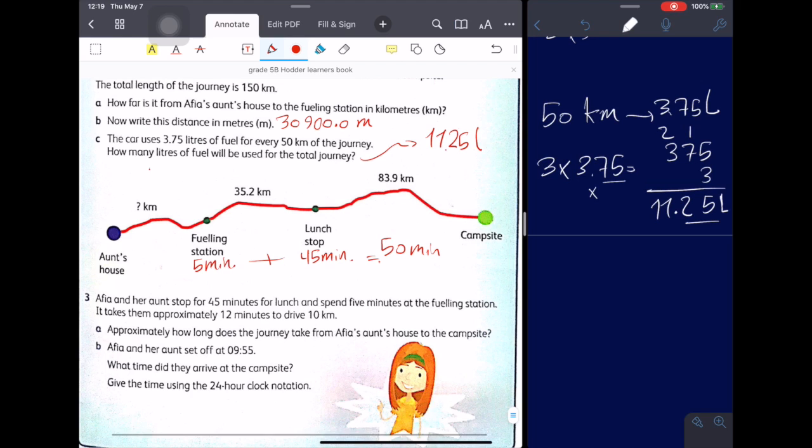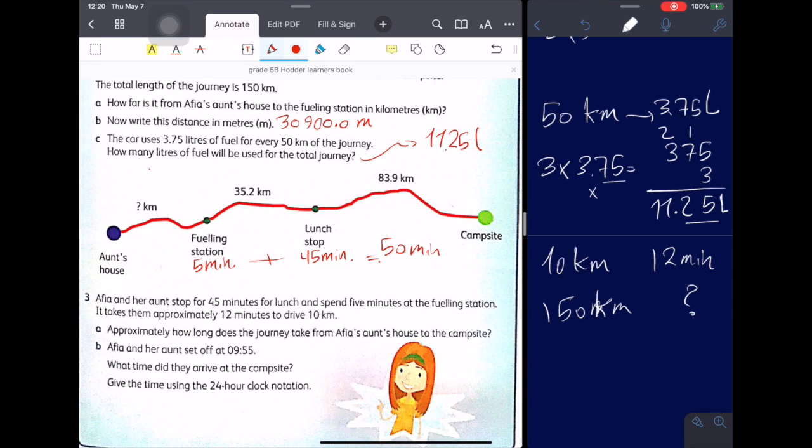And it says they travel 10 kilometers in 12 minutes. So I'm asking you, if they travel 10 kilometers in 12 minutes, how long will it take them to travel 150 kilometers? Actually, we have 15 times 10 kilometers in 150.